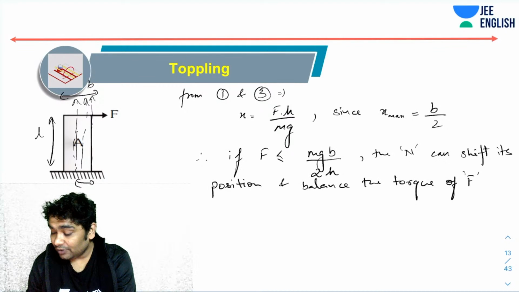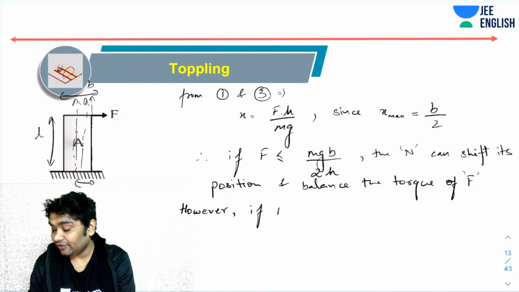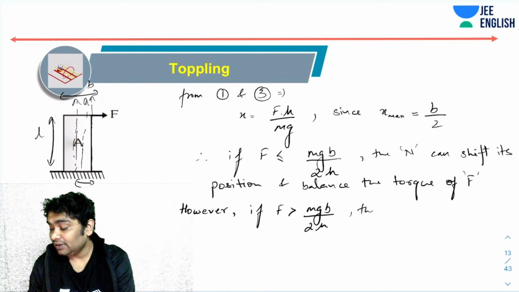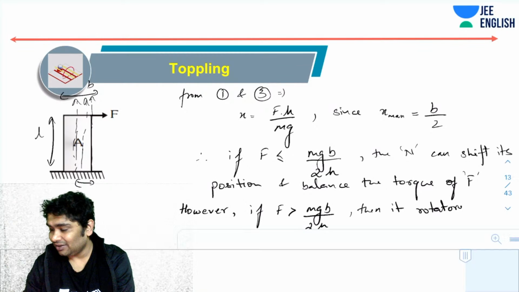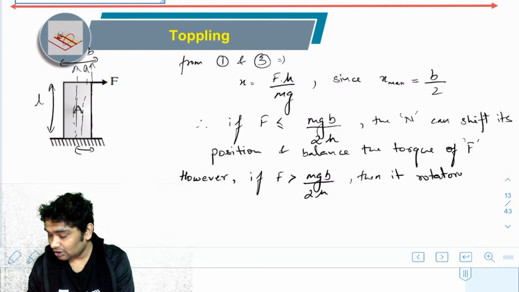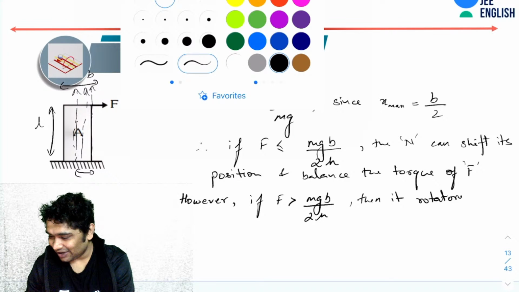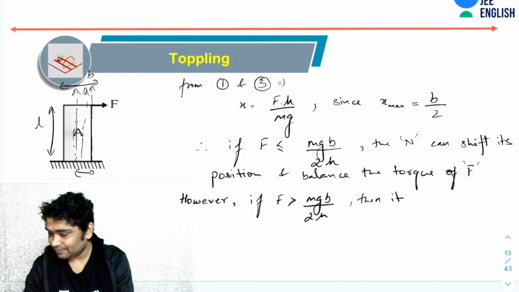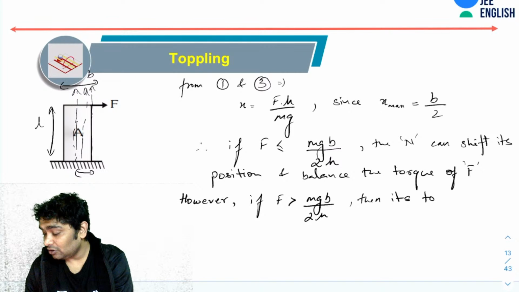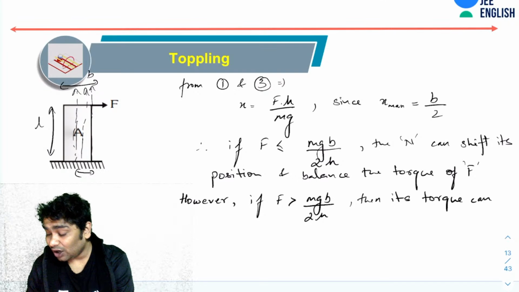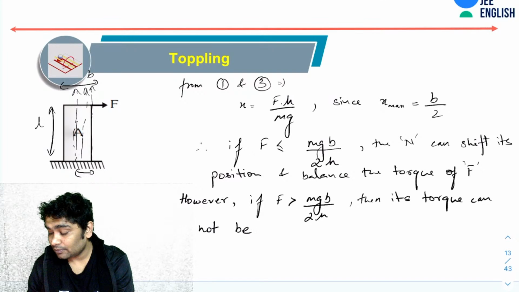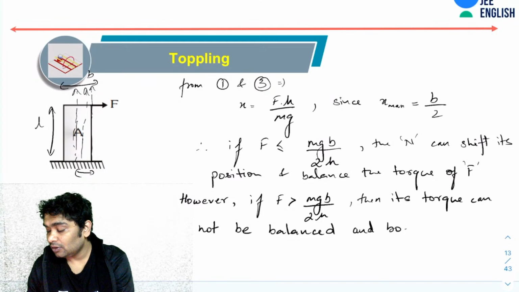So I can say, however, if F is greater than mg b by 2h, then its torque cannot be balanced, and the body topples.